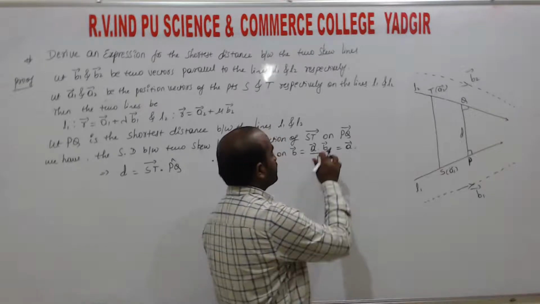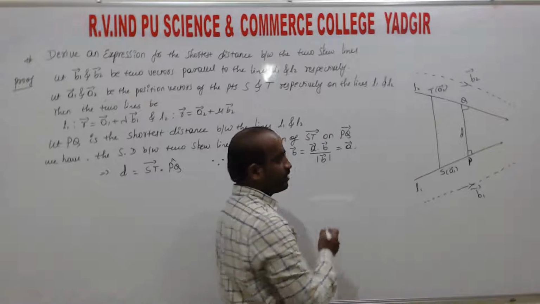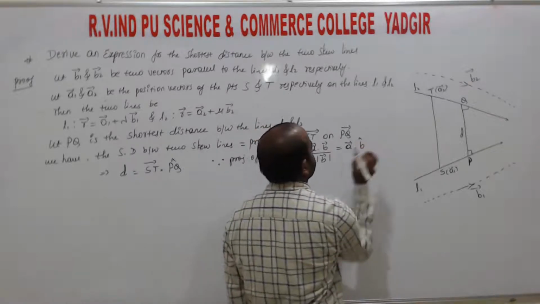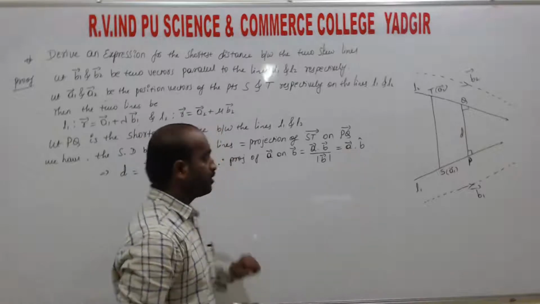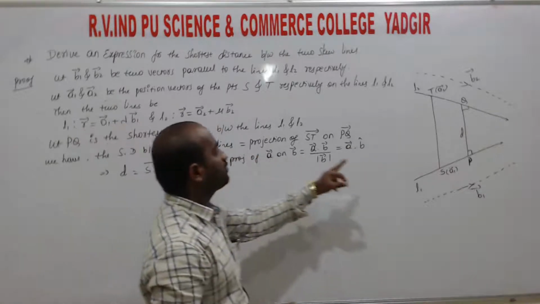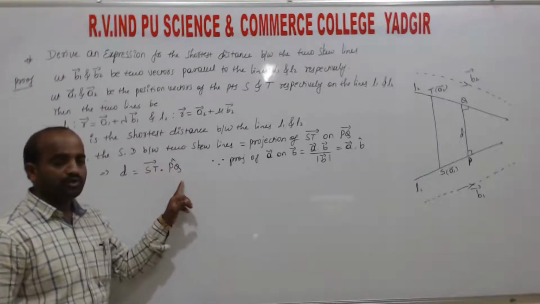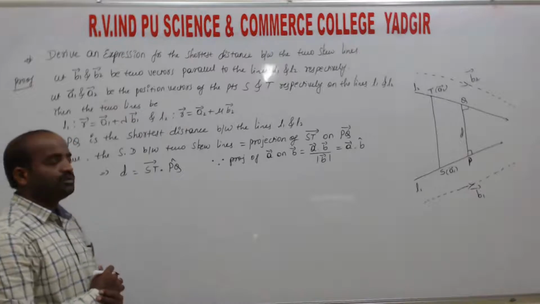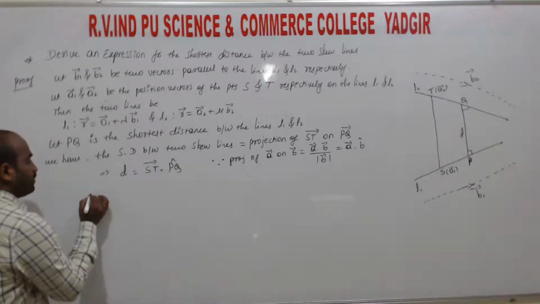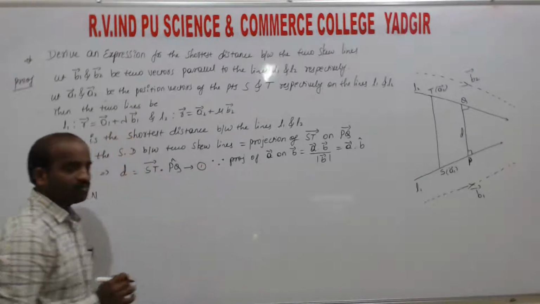A vector divided by the magnitude of A vector is A cap. So the projection of A on B is A dot B cap, and the projection of ST on PQ is ST dot PQ cap. We call this equation 1.